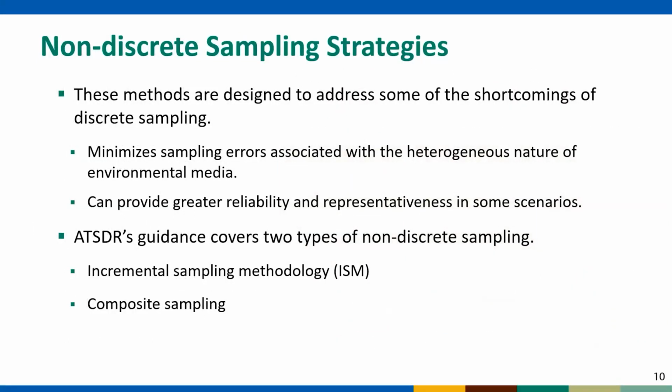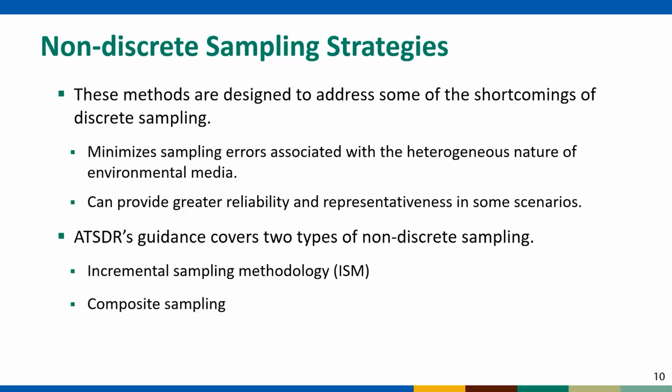Non-discrete samples were developed to address some of the shortcomings and errors associated with discrete sampling, the ones that we just discussed on the previous slide. These methods minimize sampling errors associated with compositional and distributional heterogeneity. Because of this, they provide greater reliability and representativeness compared to discrete samples in many scenarios.